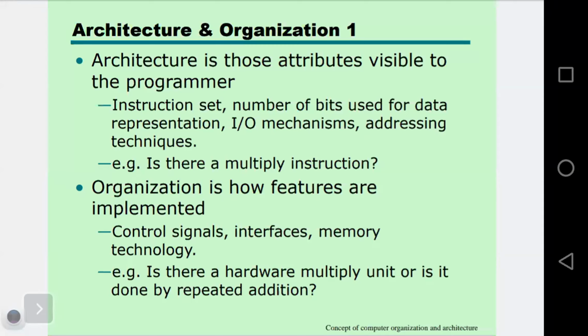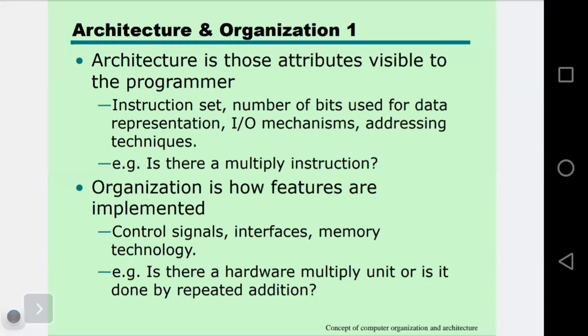Is there a hardware multiply unit, or is it done by repeated addition? How this multiplication instruction is implemented comes under the organization. It is very simple to understand: architecture means what, and organization means how.